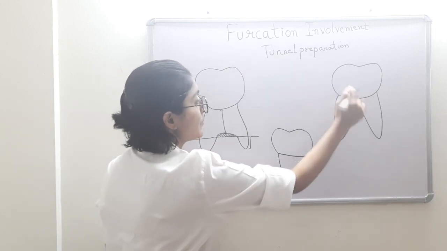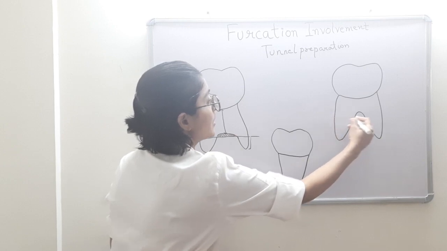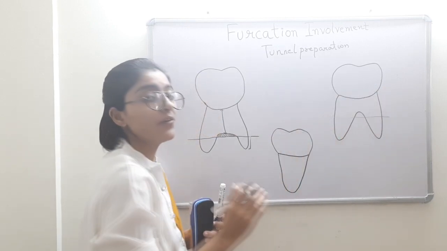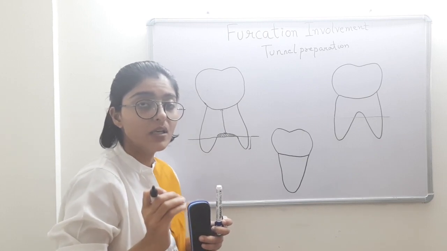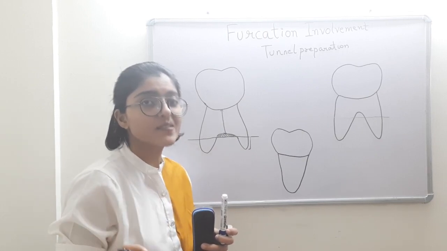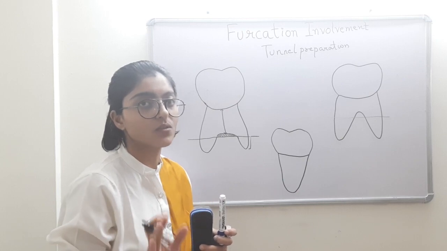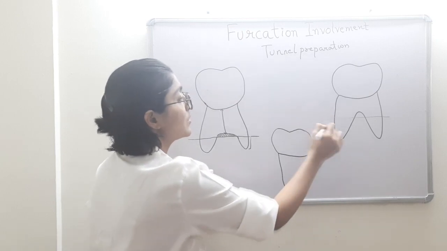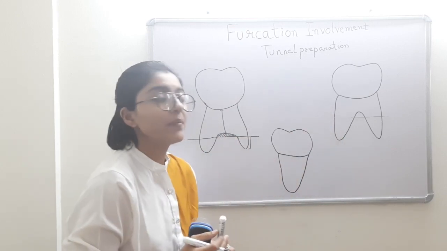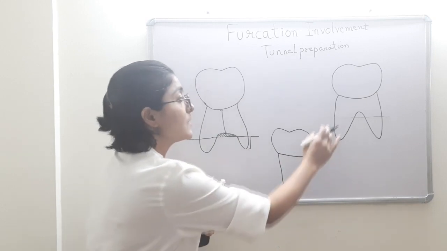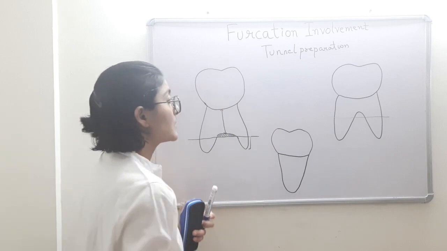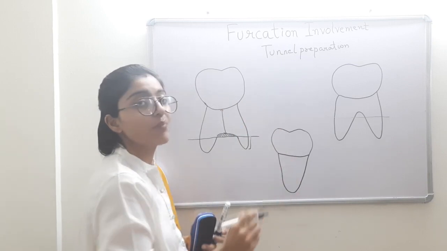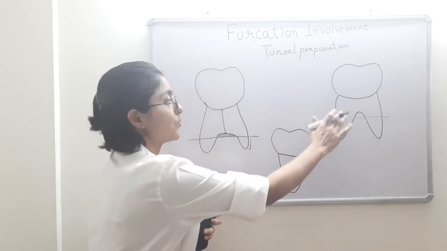If in this case we perform a tunnel preparation, we still expect to have a minimum of 50% of bone height available, which is a minimum basic criteria to maintain a tooth. We can expect that this available bone will be able to support the tooth. That is why the main criteria is mandibular molar with a short root trunk.